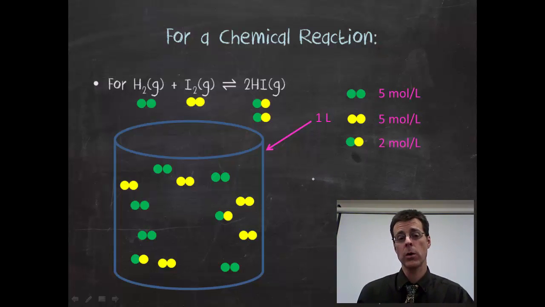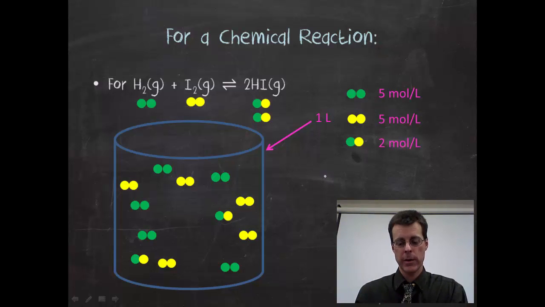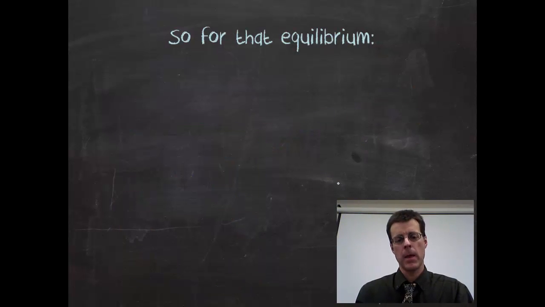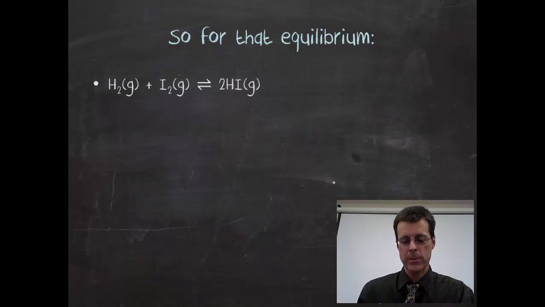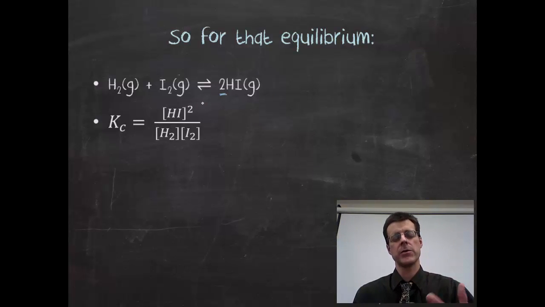Started out with more and less, depending on if I'm talking about reactants or products. But at equilibrium, if I let that thing reach equilibrium, and these were my numbers, what would I do with that? I would go back to my reaction and write my equilibrium expression, where the balancing numbers become exponents.